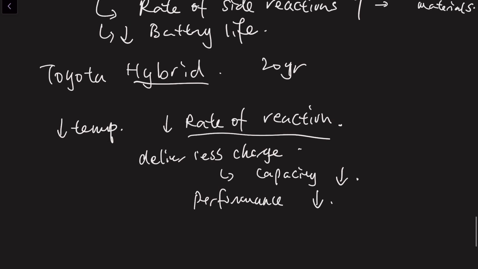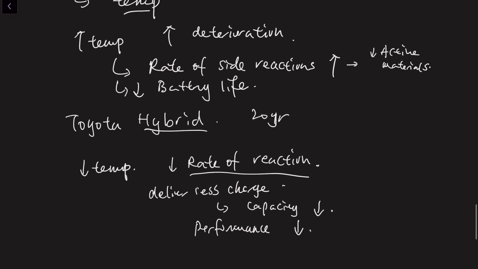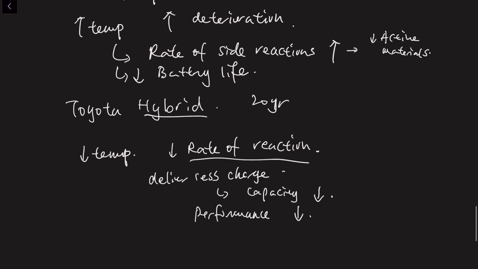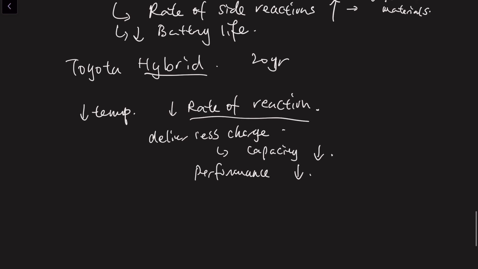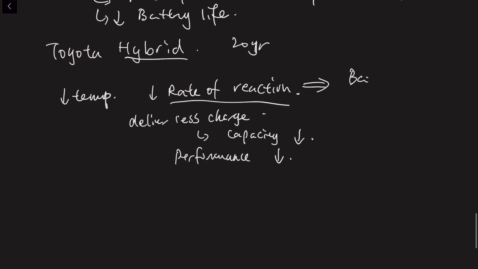That's why electric cars are unsuitable in cold climates, because in cold climates, the performance of the battery would be very poor. But precisely due to its lower rate of reaction, the battery life can be preserved.